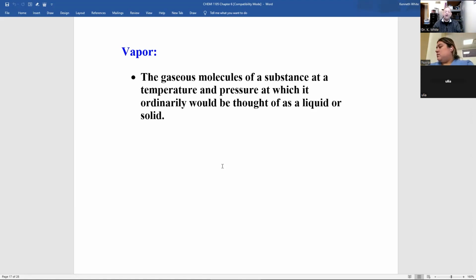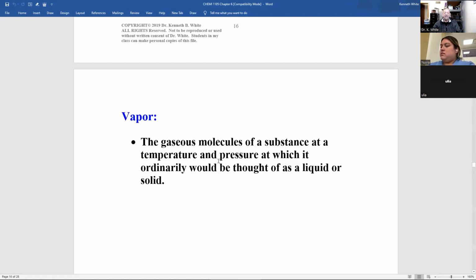So if you boil water, the gas above it that's coming out of the water, liquid becoming gas, we call that water vapor. How many of you have ever seen in a cold winter, if you're boiling water in the kitchen, you can see your windows steam up? We call that condensation. Or if it's a real cold winter day, you're taking a nice hot shower. Dr. White likes nice hot showers. Your mirrors sometimes will steam up, and that's the vapor condensing on there.